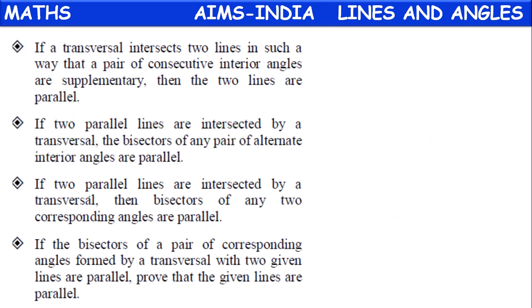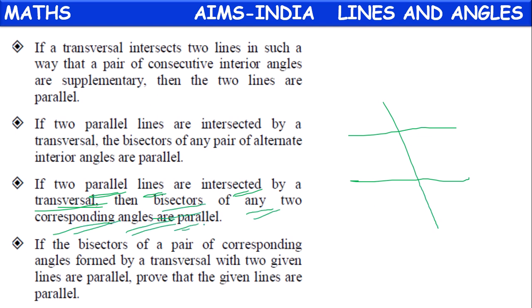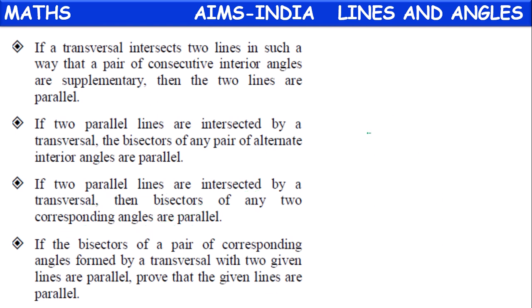Next one. If two parallel lines are intersected by a transversal, the bisectors of any two corresponding angles are also parallel. This is the transversal.